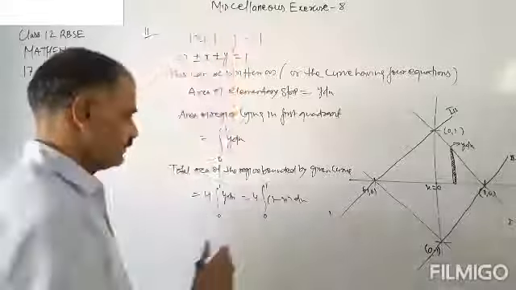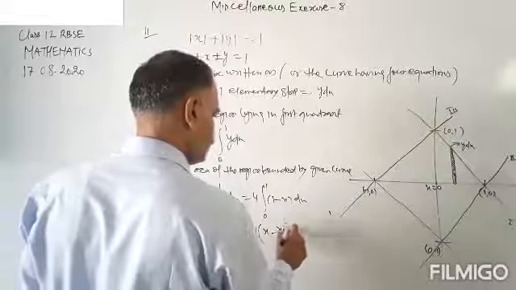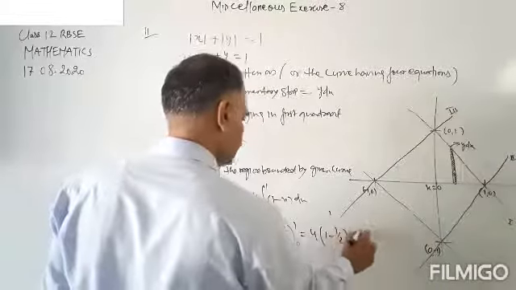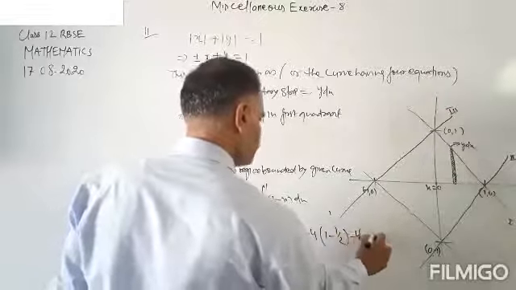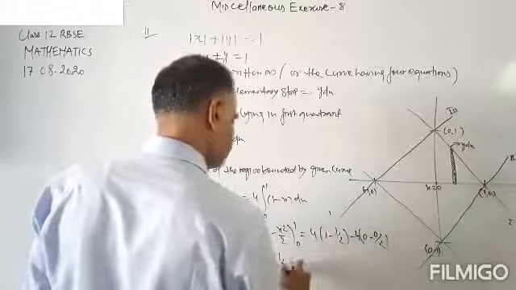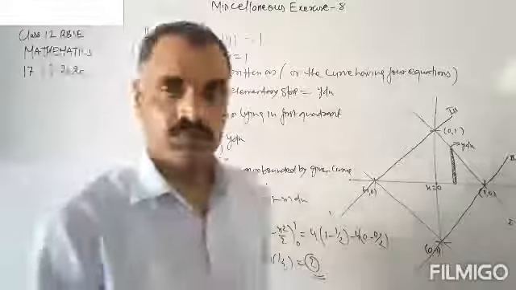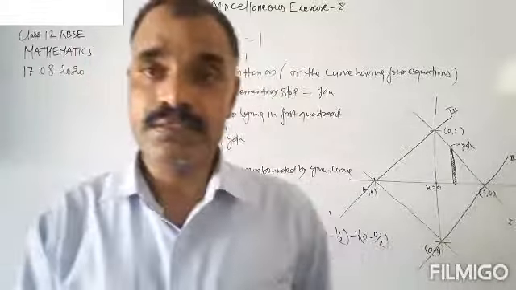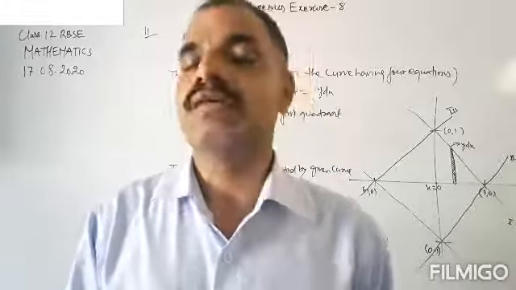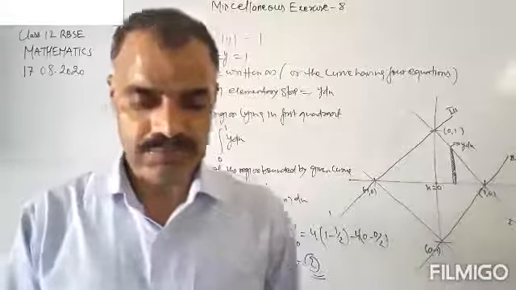Solving this: 4 into [x minus x square by 2] from 0 to 1, which is 4 into (1 minus 1 by 2) minus 4 into (0 minus 0 by 2). So this equals 4 into 1 by 2, which is equal to 2. So the area of the region is 2 square units. This was question number 11 of the given exercise.